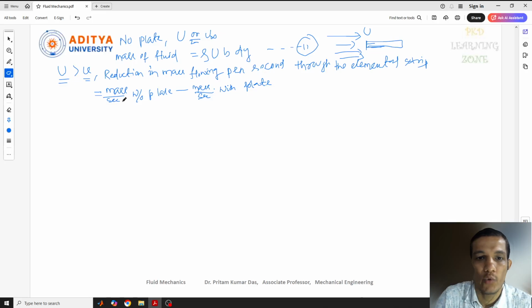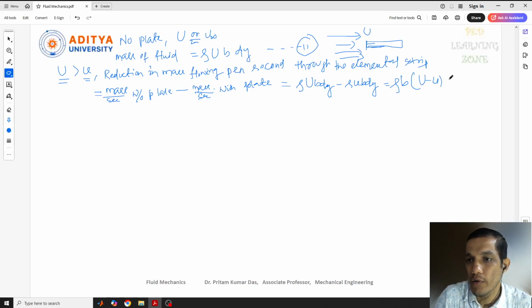That means equation 2 minus equation 1. So equation 2 is rho U B dy, minus rho u B dy. Taking rho B common, the bracket will be capital U minus small u, into dy. We give this equation 3.